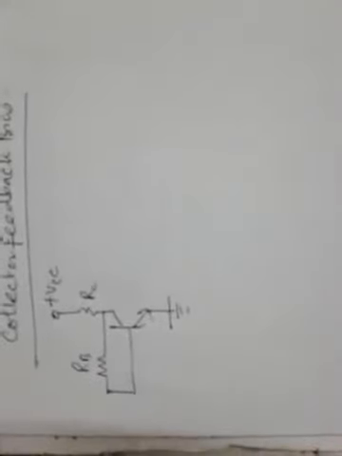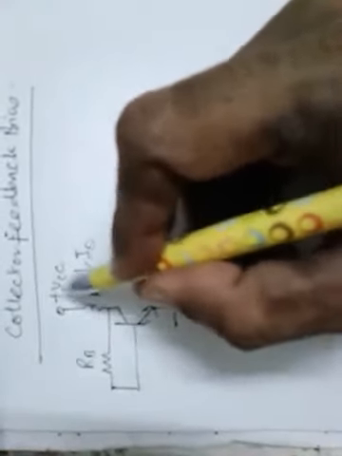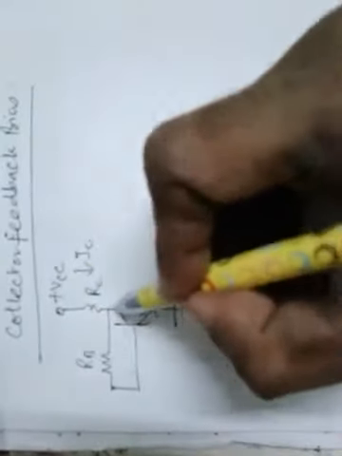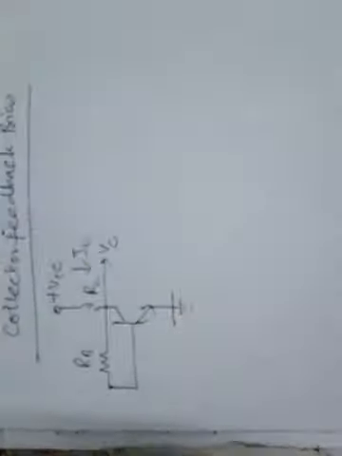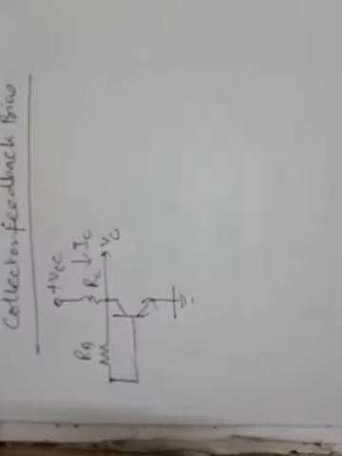So let us see how this circuit will work. Suppose the collector current increases, and this will decrease the collector voltage, because if the collector current is increased, that is passed through RC, and that will make a larger voltage drop, and if that voltage drop is subtracted from VCC, we get this voltage VC, that is the collector voltage. So an increase of IC means a decrease of VC.